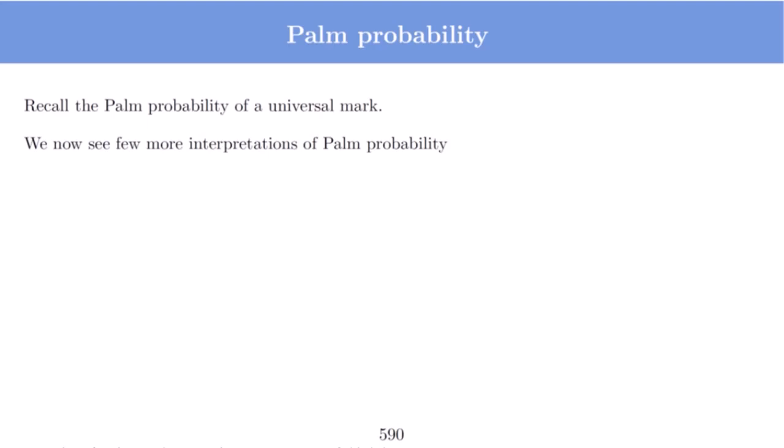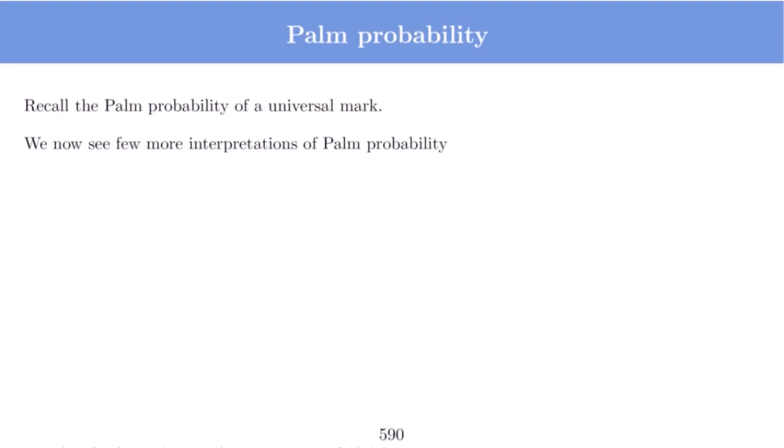Then we ask, how does this viewed point process look? Does it have this property? So when we condition on the location of the point and then we ask for any probability, we call it the palm probability. And if there is no conditioning and we just ask what the distribution of the point process is, that is the normal probability.